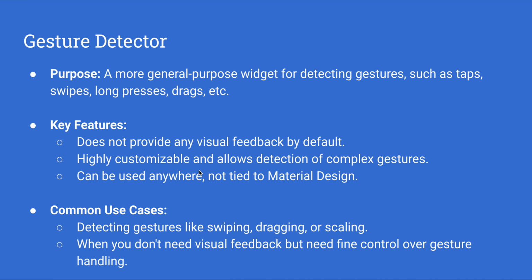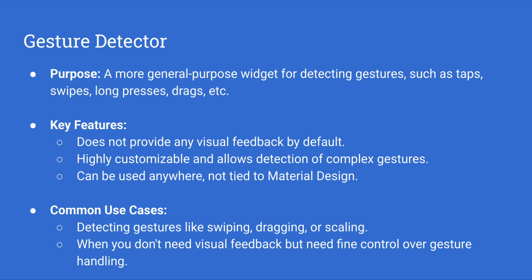Now the same for GestureDetector. The purpose is a more general-purpose widget for detecting gestures such as taps, swipes, long presses, drags, etc. The key features: it does not provide any visual feedback by default, it is highly customizable and allows detection of complex gestures, and it can be used anywhere, not tied to Material Design.